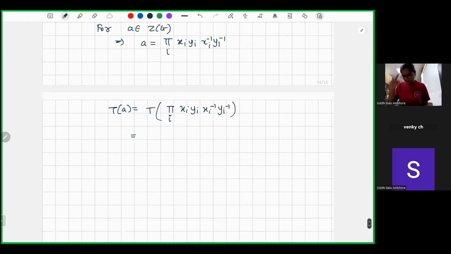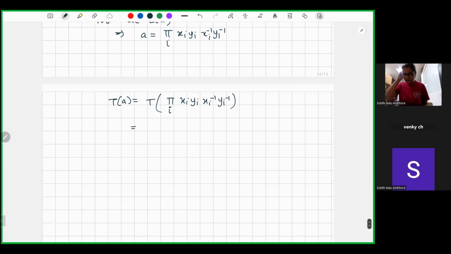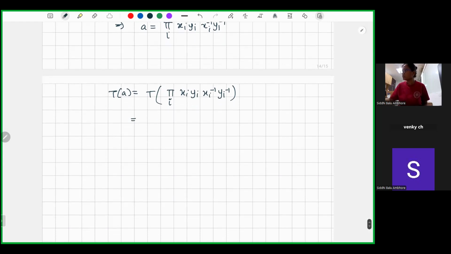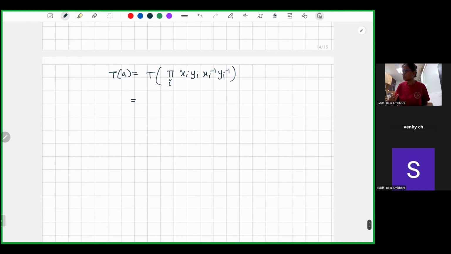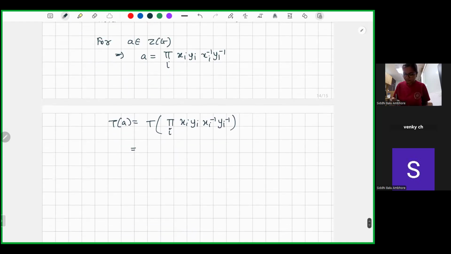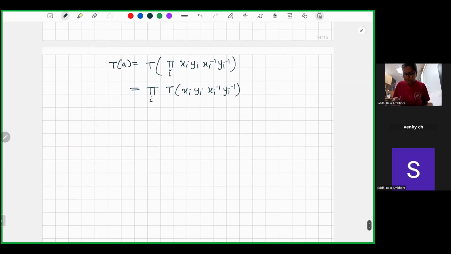Okay, and then this will be my T of Xi, Yi, Xi inverse, Yi inverse.